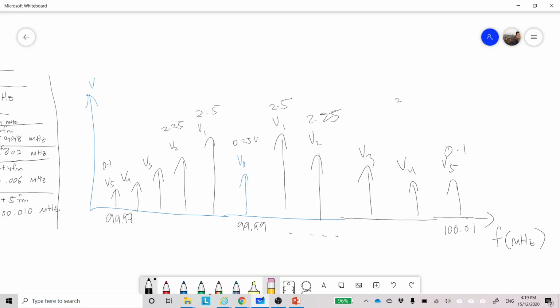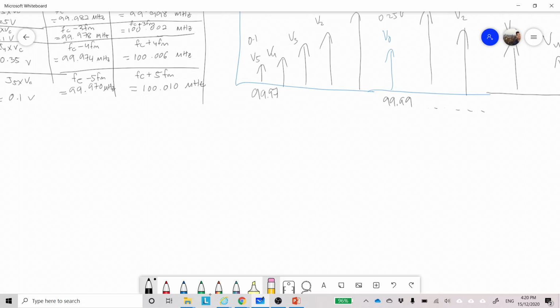So soalan seterusnya dia tanya bandwidth, okay, kita belum habis lagi. So the next question asks about bandwidth by Bessel and also bandwidth by Carson. Okay, so bandwidth by Bessel is equal to 2 times n times Fm. So here is 2 times 7 sebab tadi the modulation index is 2.5, therefore you get a 7 significant sideband multiplied with 4 kilohertz.